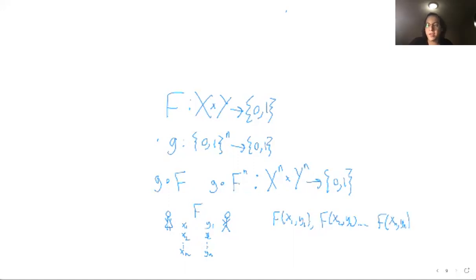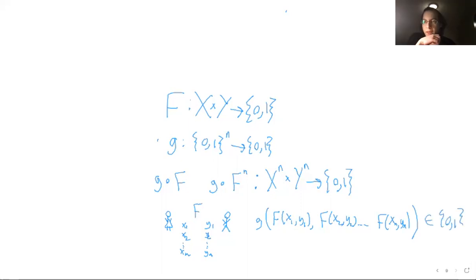This is going to be an n-bit string of outputs. And then they're going to want to compute g of this string. So g is a function that acts on n-bit strings, and so this has a Boolean value.